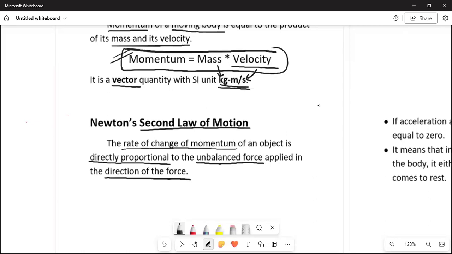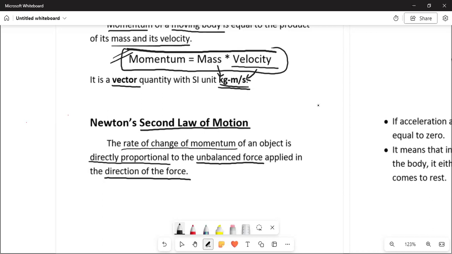But if there is any change in the momentum, this change will be because of the change in its velocity. Because the mass of the whole system, if you are travelling in a vehicle and the momentum of the vehicle changes, your mass will not increase or decrease. The change in the momentum will be only and only because of the velocity.